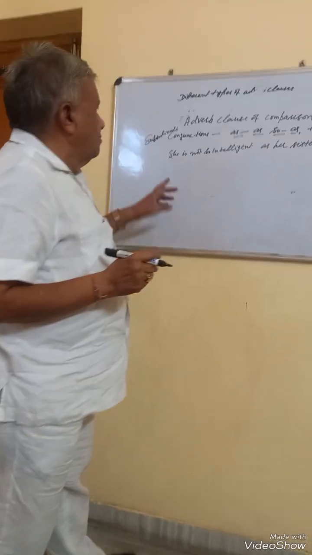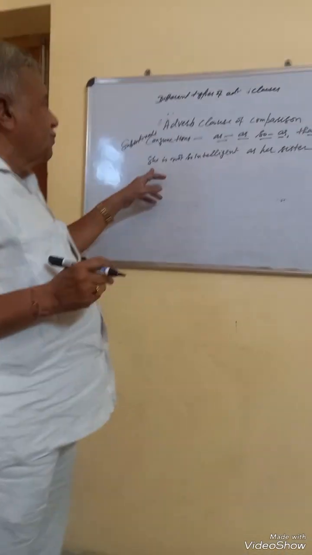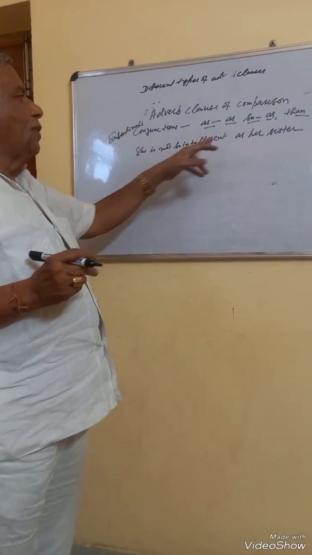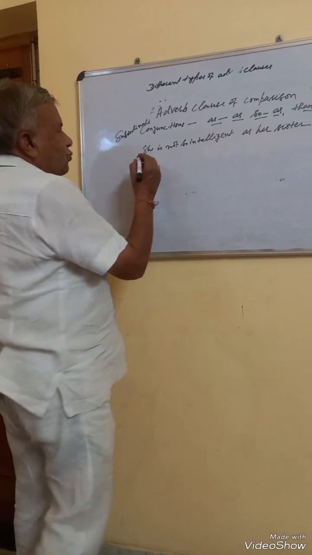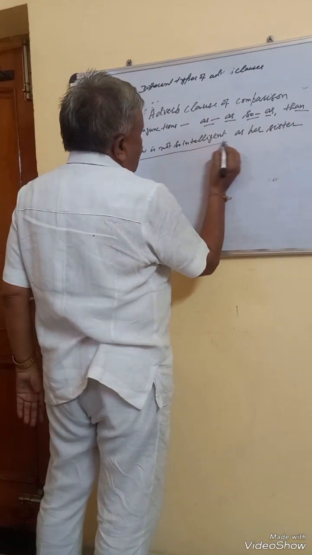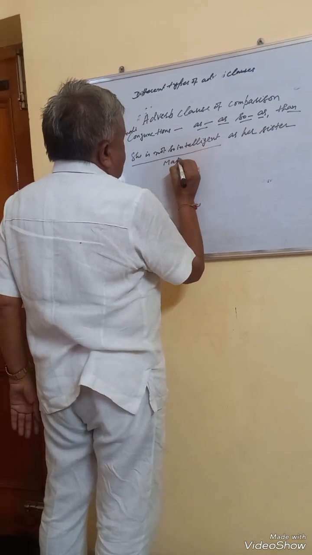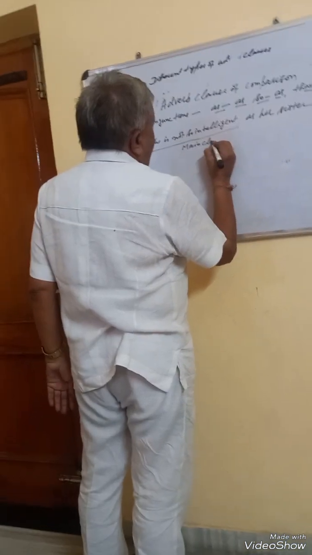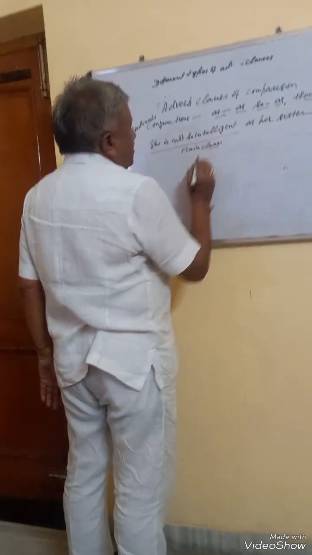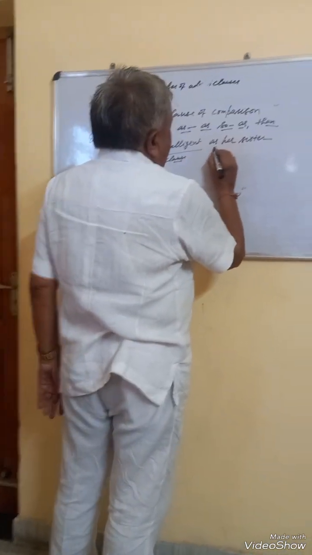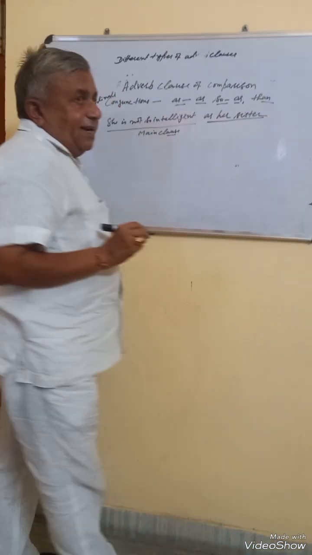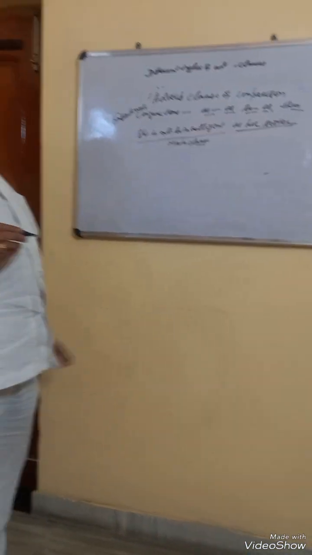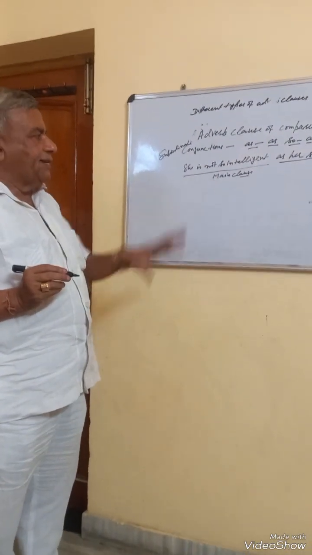The comparison between two sisters is made by using "so as." "She is not so intelligent" is the main clause, and the comparison is made by using this adverb clause of comparison. "As her sister" is an adverb clause of comparison.